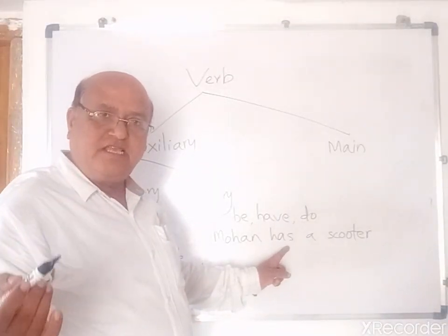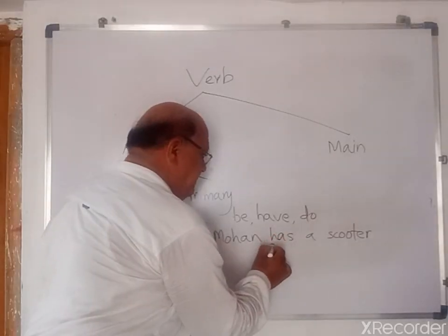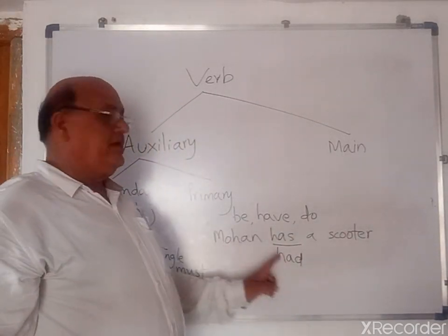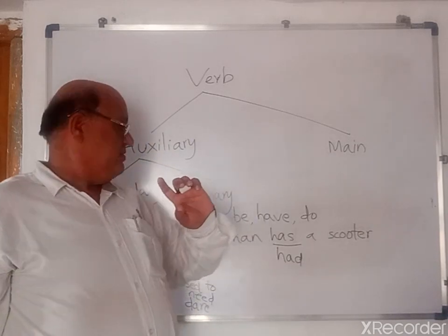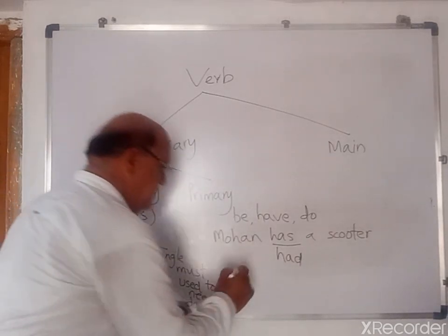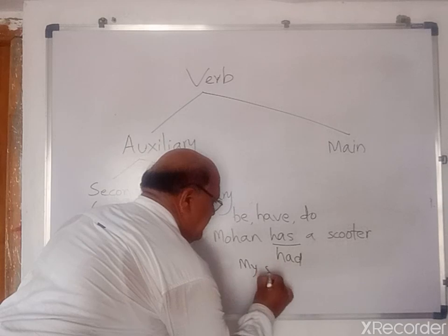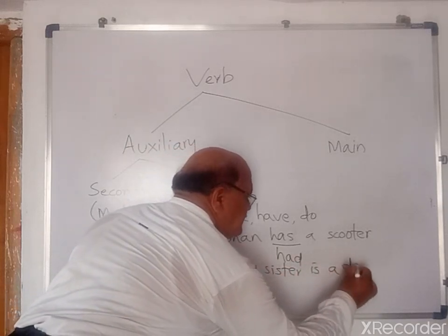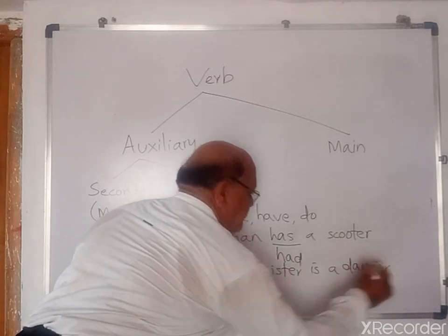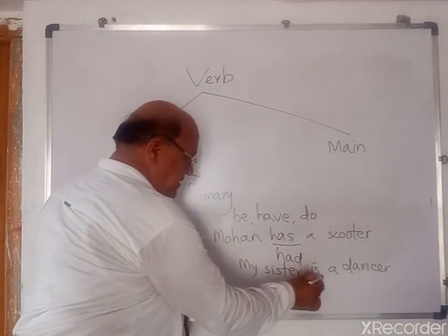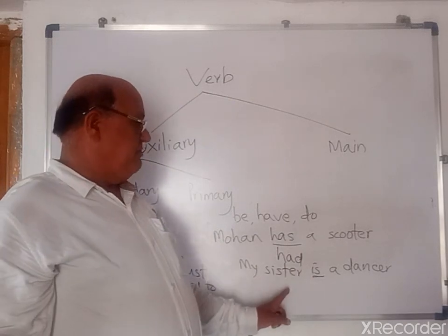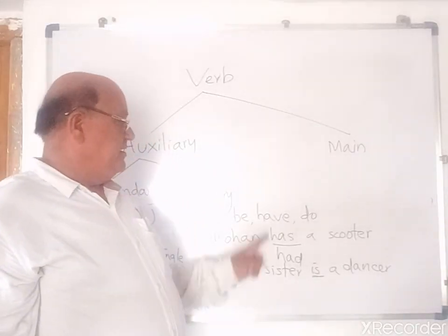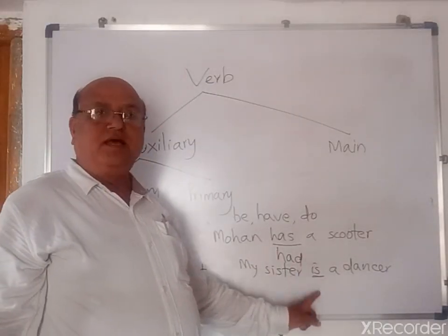If we are asked to change, then has can be changed to had. Mohan had a scooter. In B form, my sister is a dancer. This one needs to be changed. My sister was a dancer. See, has to had, is to was.